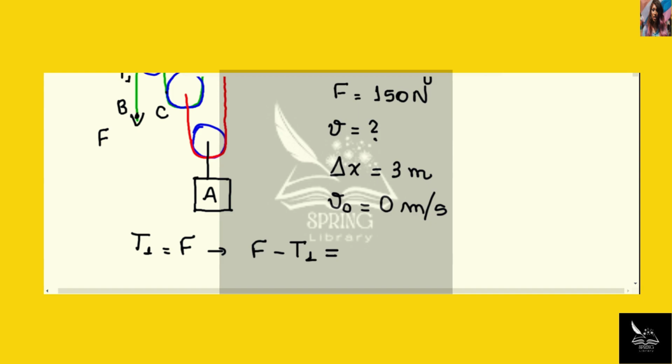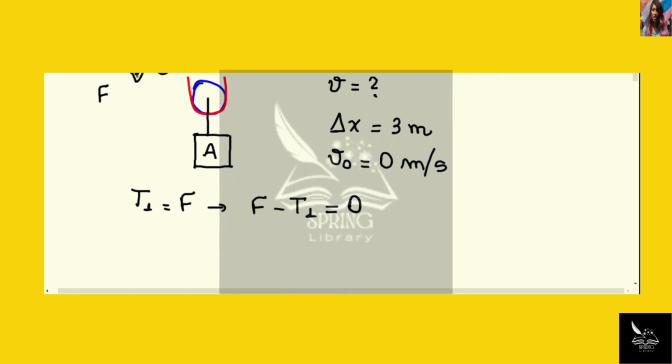And according to Newton's second law, this is equal to ma, but since the string is massless, then this is equal to 0 because m is equal to 0, which means that F is equal to T1, as we said before.